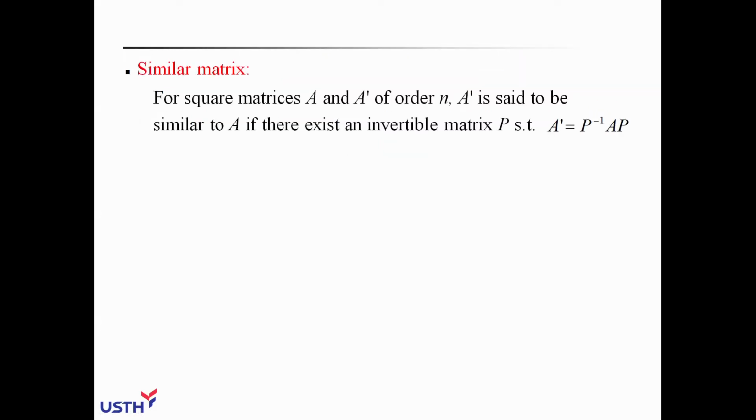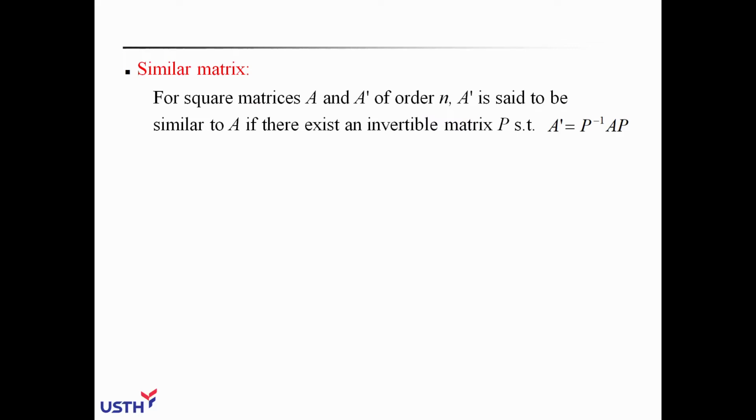Now we are going to define what we call similar matrices, or in Vietnamese we say ma trận đồng dạng. Suppose that we are given two square matrices A and A prime of the same order n.